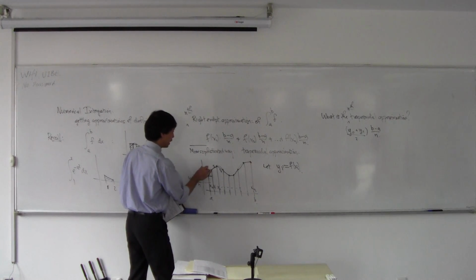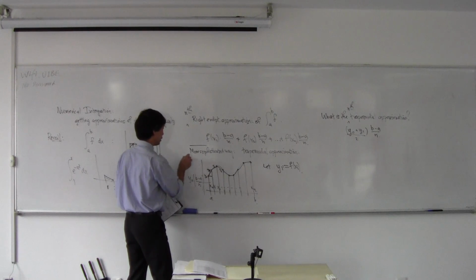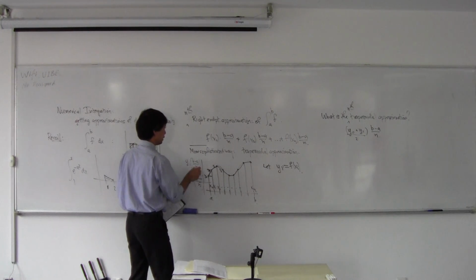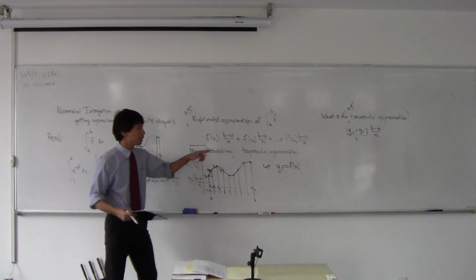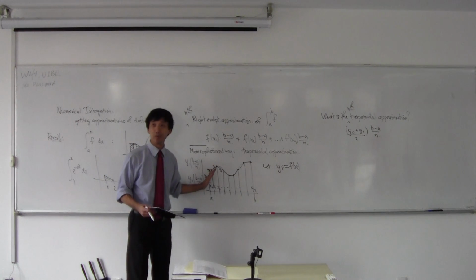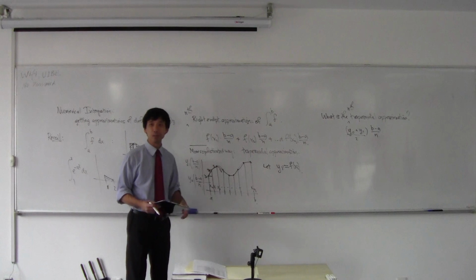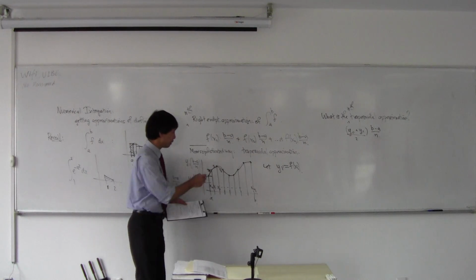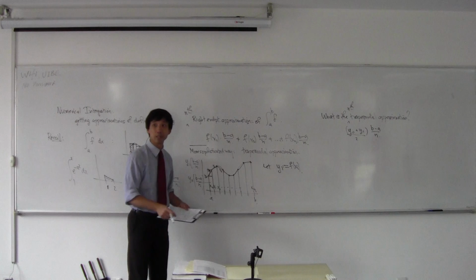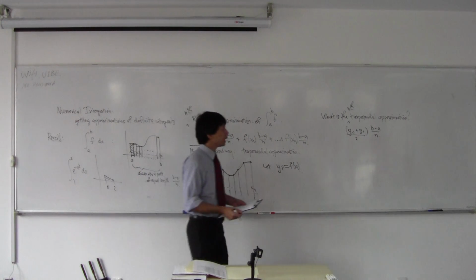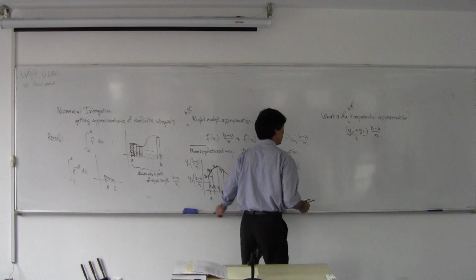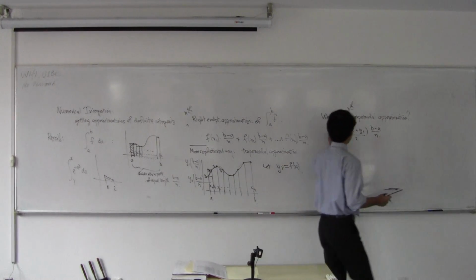The area of the upper box is going to be y1 times b minus a over n, right? And then this is the average of those two. The area of the trapezoid is going to be the average of those two rectangles, right? Okay.